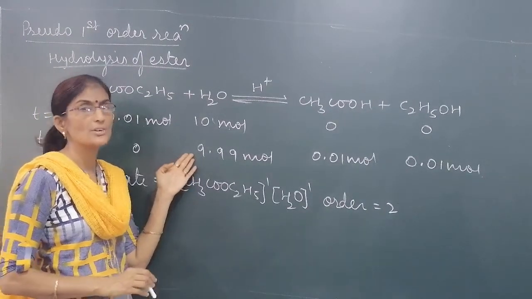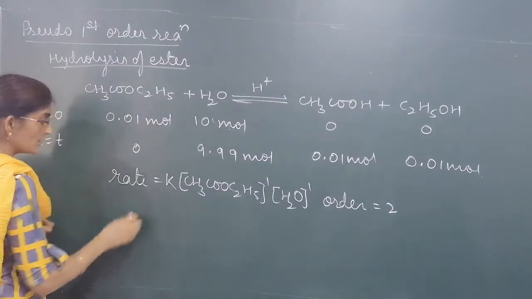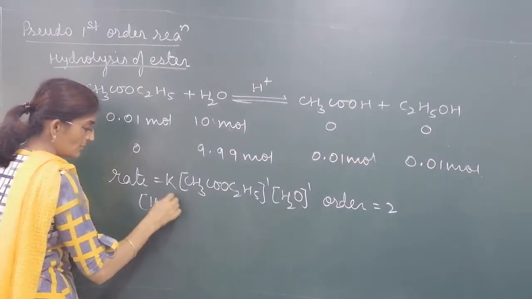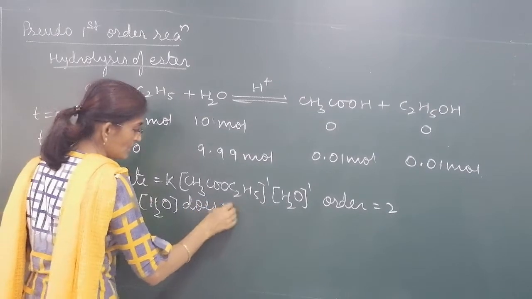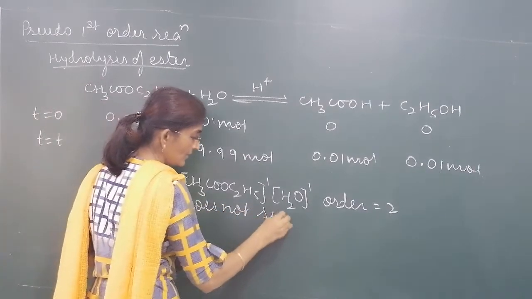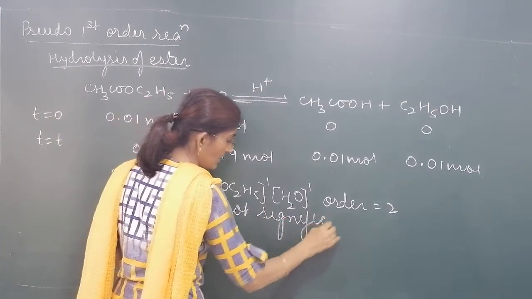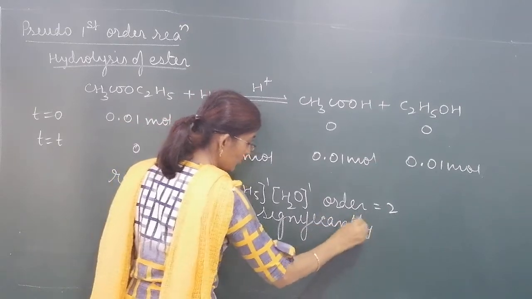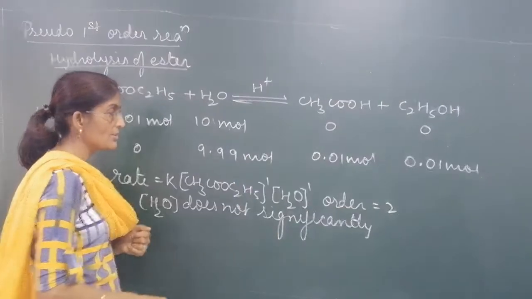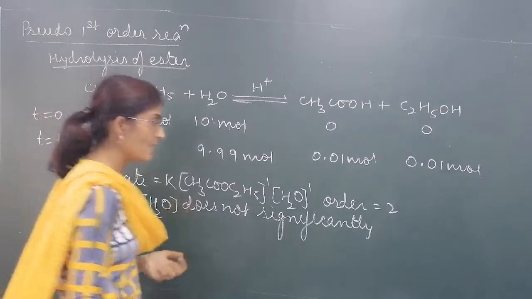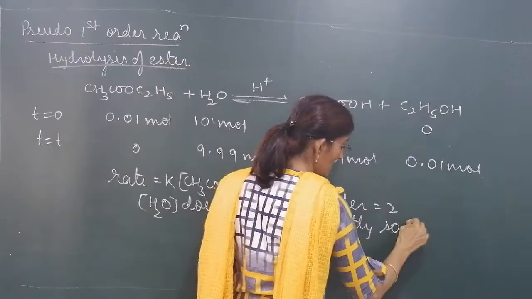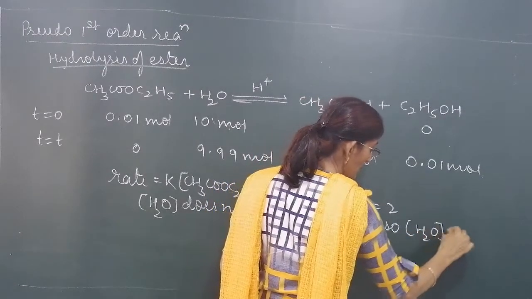Negligible change in the concentration of water, moles of water. So concentration of water does not change significantly. There is no significant change in the concentration of water. So we can take water concentration as constant. H2O concentration constant.